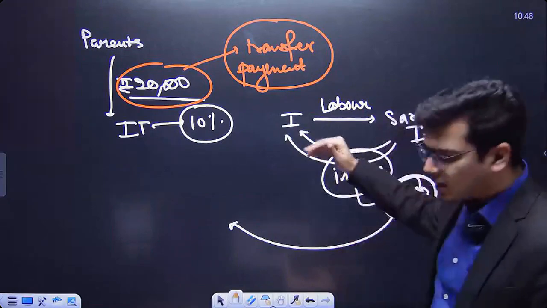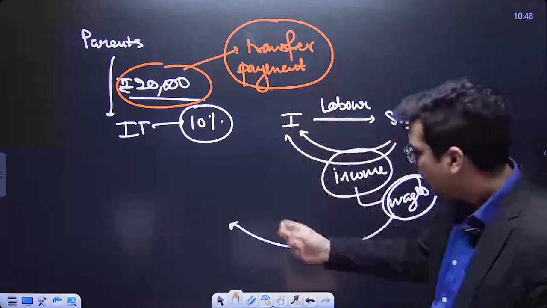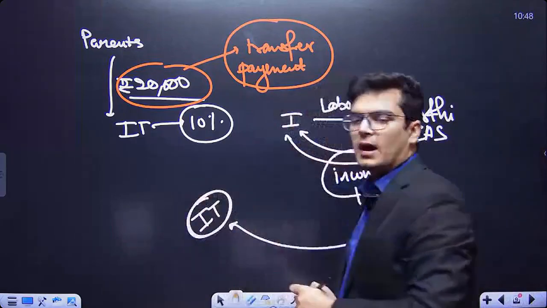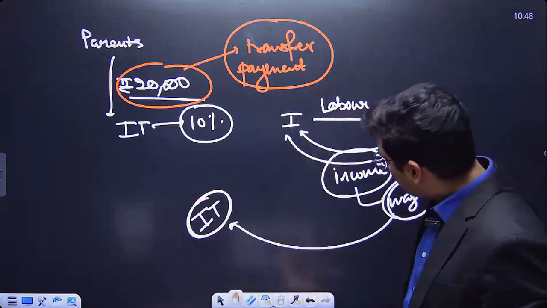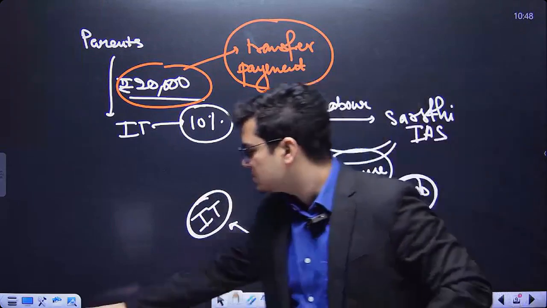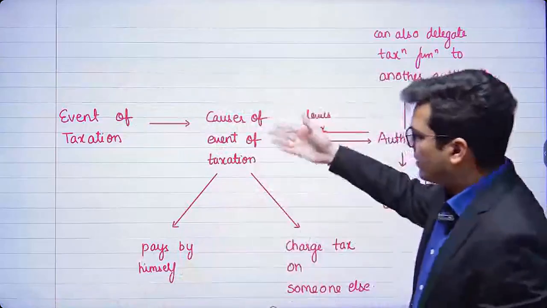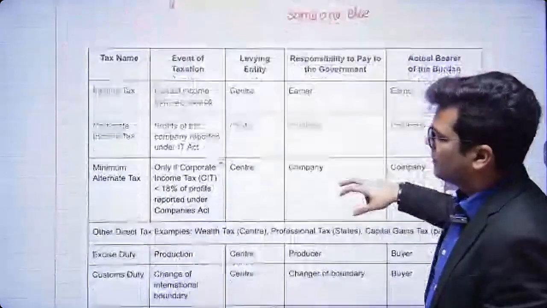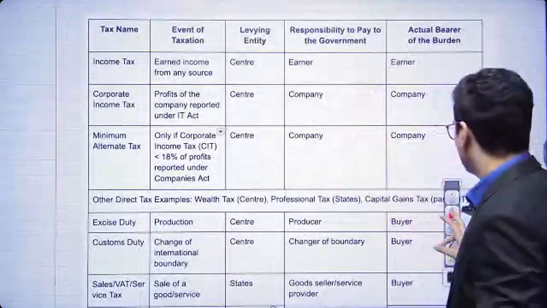When this income event has been created, now I have to pay an income tax. I am liable to pay an income tax now because there is an event of income. So this is the first type of event of taxation based thing. ये chart हम end में देखेंगे. Let's first see the various types of taxes.